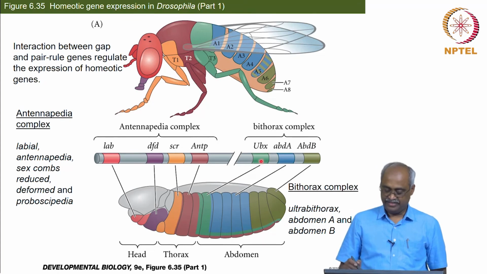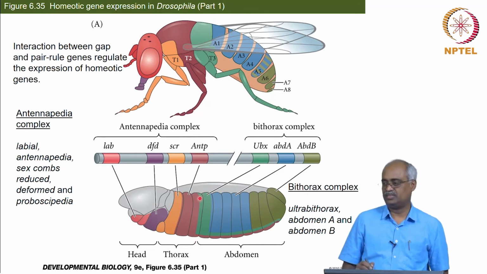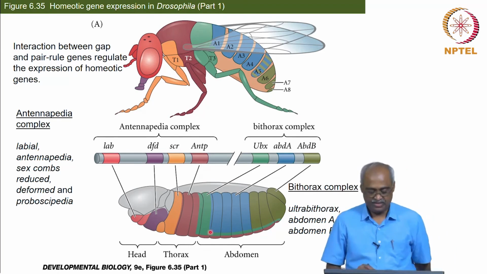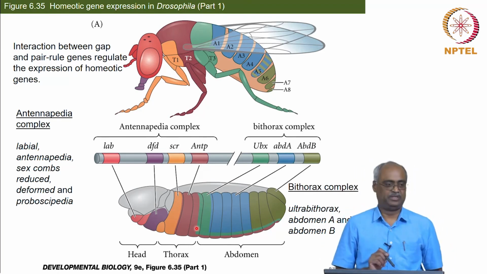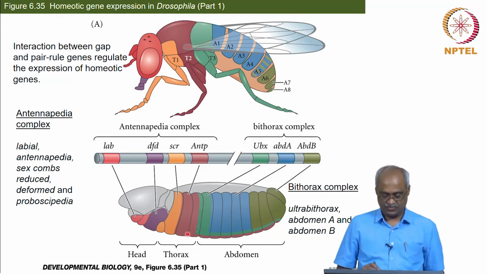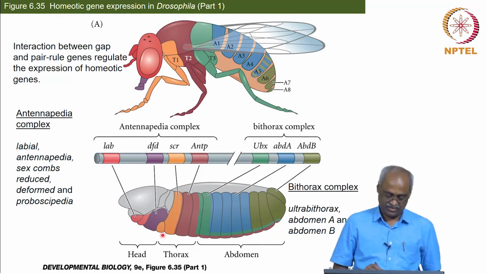And then ultrabithorax is required for the first abdomen segment, as well as it is expressed in the posterior of the last thoracic segment. So, remember this. We are going to focus on the thoracic segment, because it makes dramatic structures. The first segment makes a pair of legs.